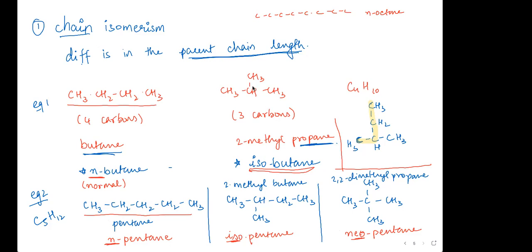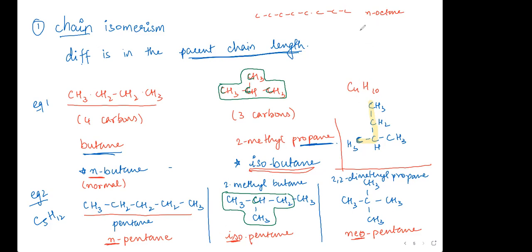You use iso when you have this sort of a situation, when you have a tertiary carbon. So when you have a carbon attached to 3 other carbons, this sort of a thing, that's iso.